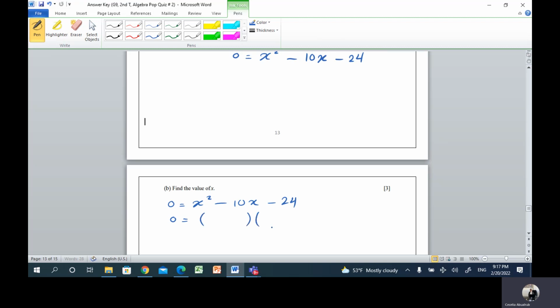So we open two brackets, and this is a negative, so one bracket will take the addition and the other one will take the subtraction. The first term is xx, and 24 is 1 times 24, 2 times 12, 3 times 8, and 4 times 6.